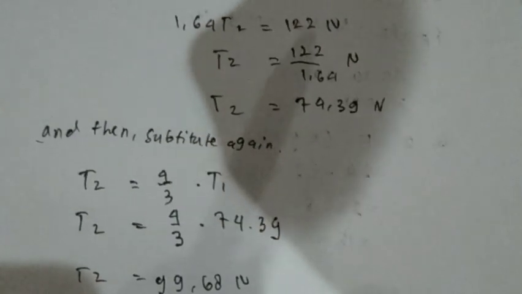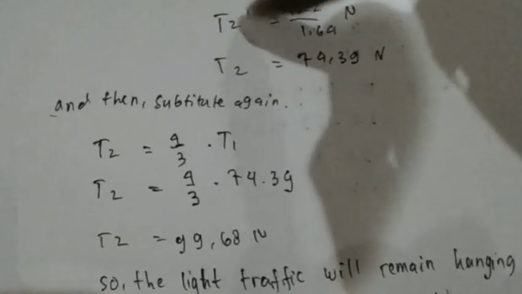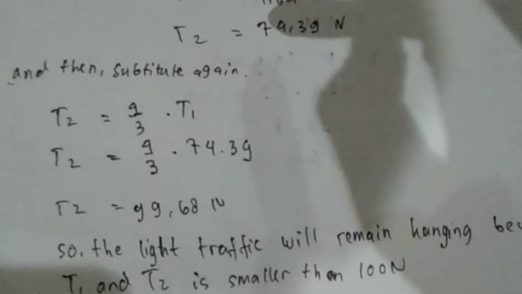The next step, we substitute. 0.6 times T2 equals 0.8 times 4 by 3 T1. 0.6 T1 plus 1.04 T1 equals 124 newtons. 1.64 T1 equals 124 newtons. T1 equals 124 by 1.64.